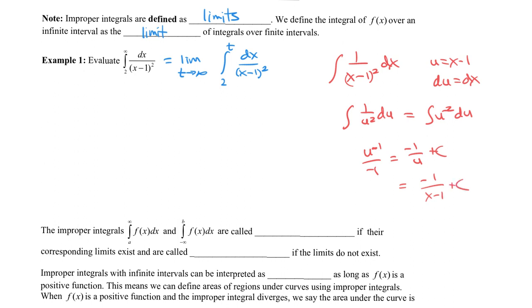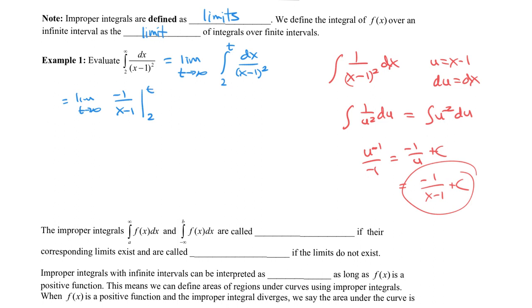So I'm going to take this answer and put it over in our problem. So we're going to have this is equal to the limit as t approaches infinity of negative 1 over x minus 1, and now we evaluate from 2 to t.